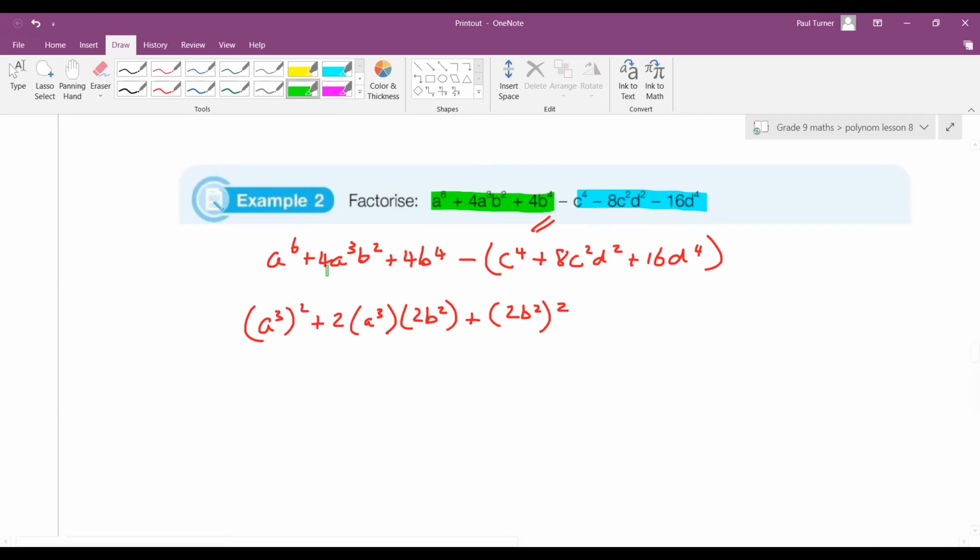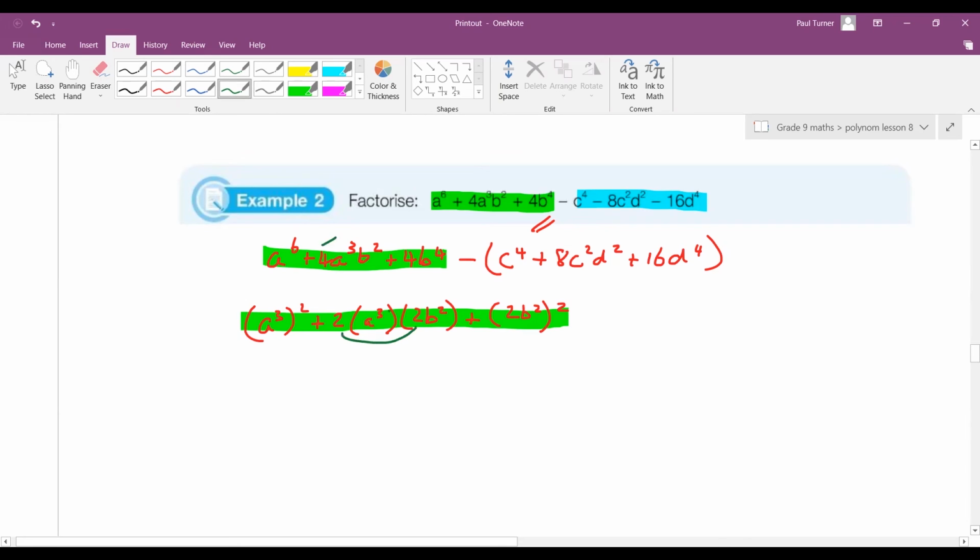So this green bit, I'll keep it in green, can be written like this from yesterday. That's the perfect square. And we can check it. 2a^3, 2 2s are 4. Okay, here, a^3 b^2. Okay, so this is from yesterday.